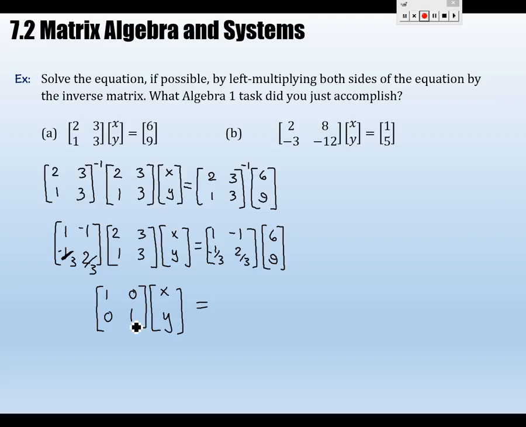What do we have on the left side, really? What happens when you multiply this matrix by this? We get another 2 by 1, and it's just what? xy. Yeah, it's just xy. I hope you understand why left multiplying by the inverse is a great move here, right? Because what it does is effectively take this out of the picture.